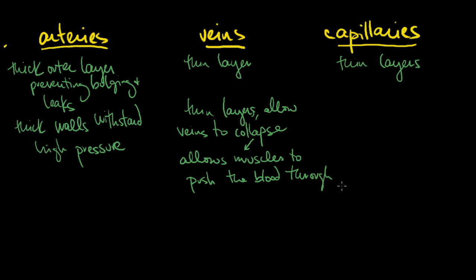You might have noticed this. Your ankles get really swollen, because you build up a lot of fluid in your feet. But a good way to get that fluid out is to get up and walk around, because your muscles are contracting and pushing on these veins that don't have a lot of structure themselves. They get pushed shut, forcing that fluid forward through the system. Okay?